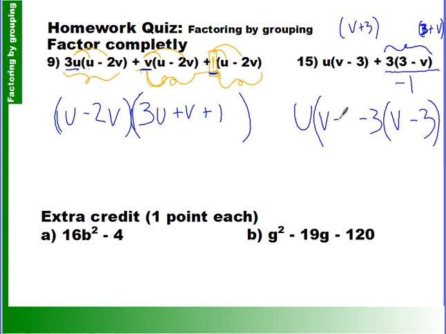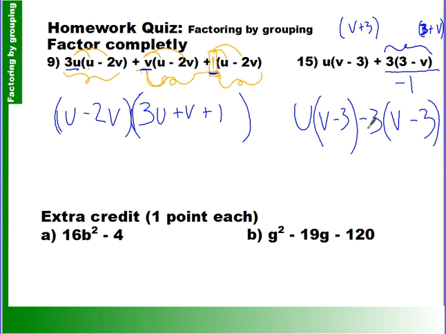I know, it's totally math magical. You are filled with wonder currently. All right. So now we've gotten back to the pattern that we've seen before, where we have the same binomial being multiplied by 2 different monomials. So what is this going to factor into? I have a question.